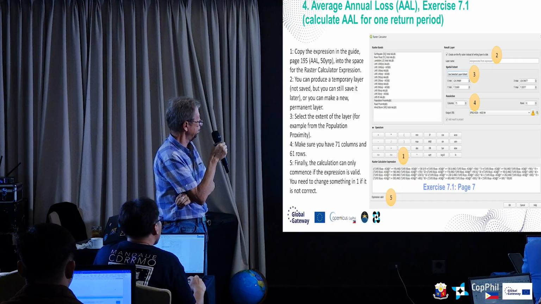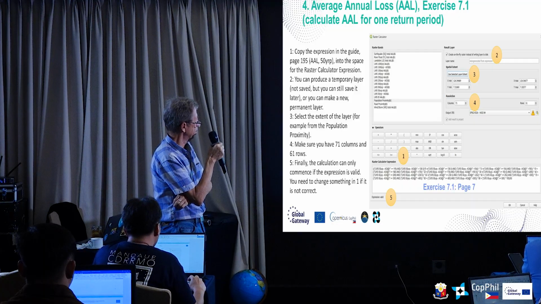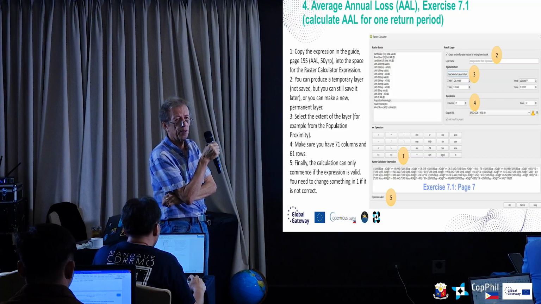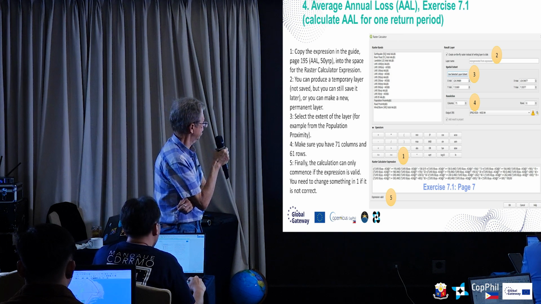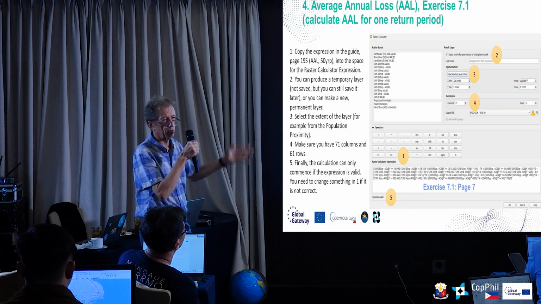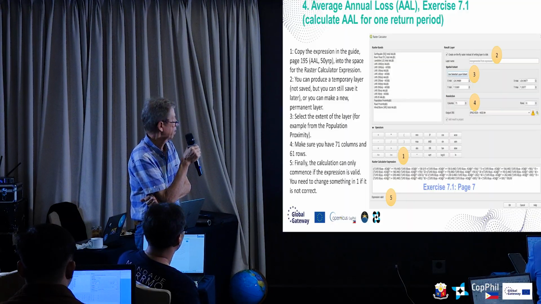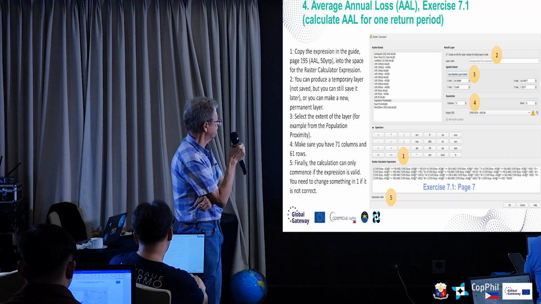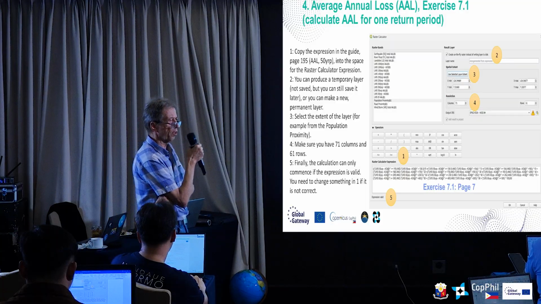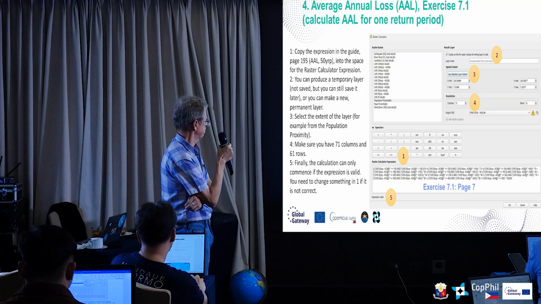Then spatial extent, you can select one of the layers there so that you don't have too big areas for you. Then the resolution, you should see that it is, I think, 71 by 61 or something like that, if it's not already automatically done.